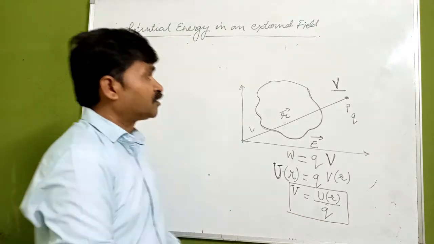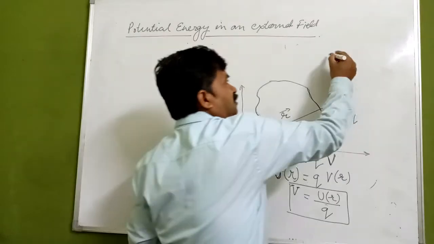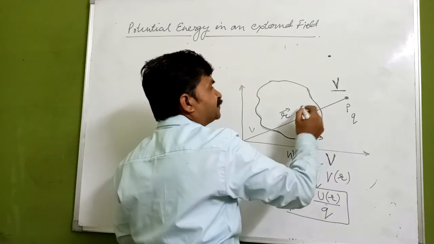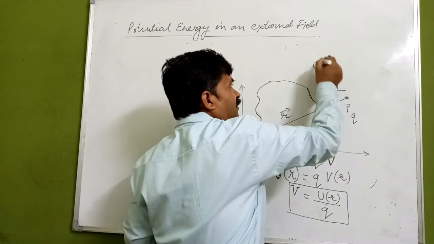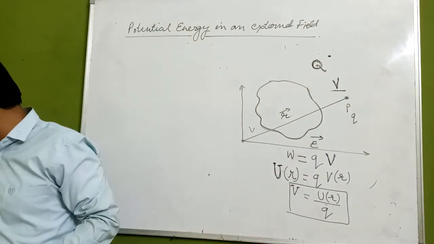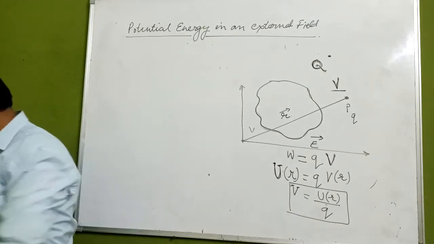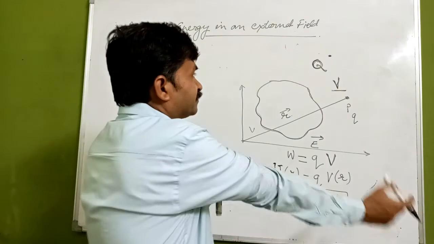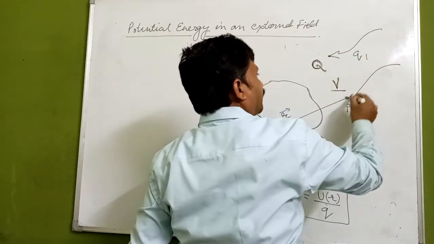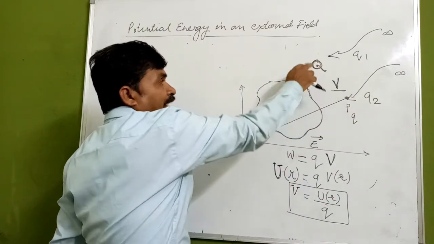Now suppose we are talking about only one charge. Now if we are having two charges, suppose we take another point, say point Q, and we are bringing one charge here, say Q1, and here we are bringing a charge Q2 from infinity to this external field.